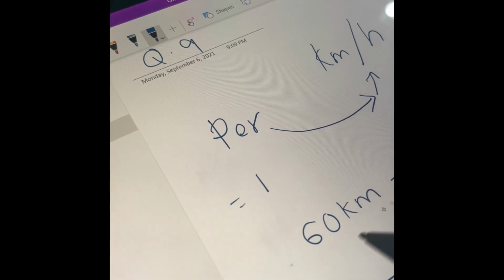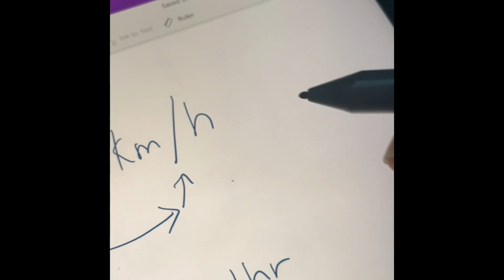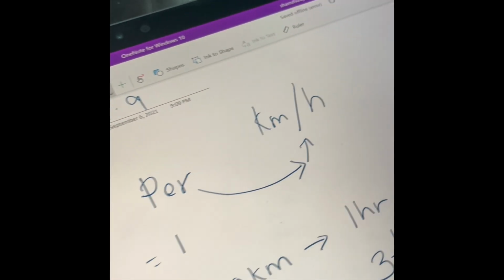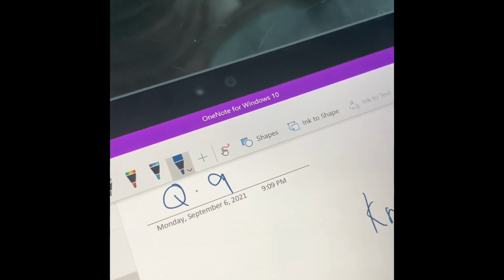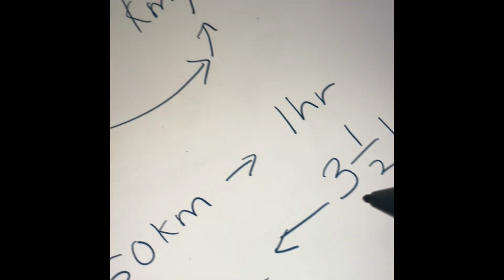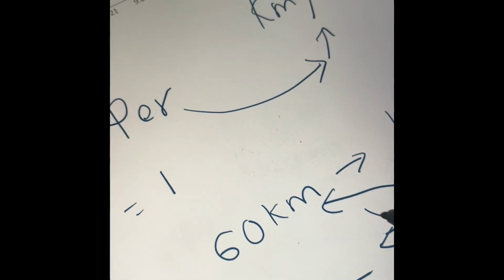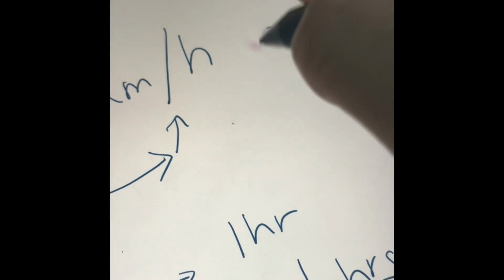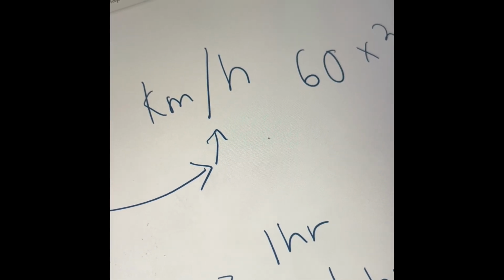So 1 hour, 60 km. 3.5 hours. So what are we going to do? Okay, let me show you what we are going to do. 1 hour, 60 km, so for 3 hours we're going to multiply. 60 times 3 first. And you can get the answer.